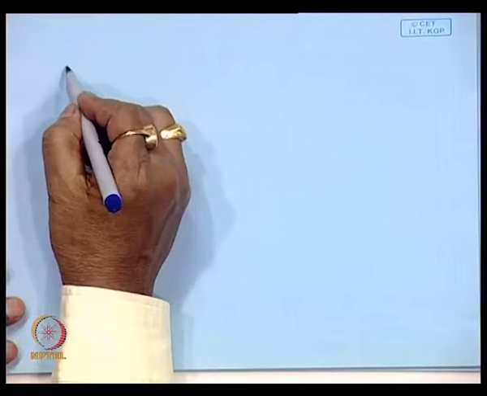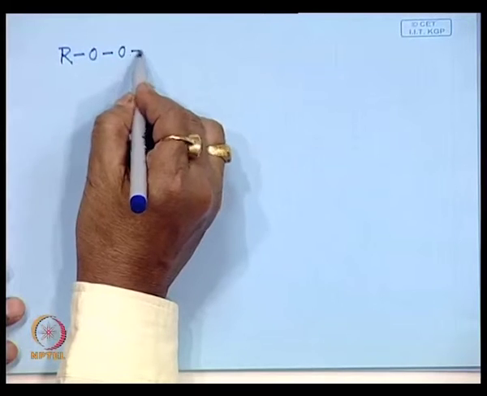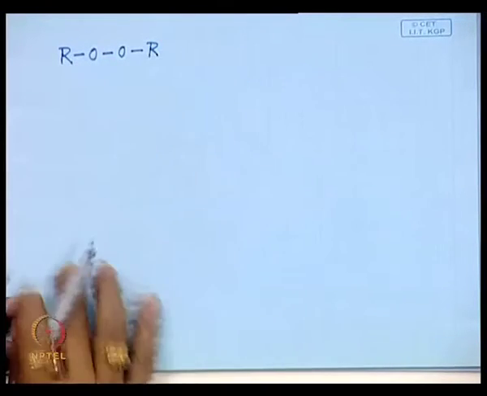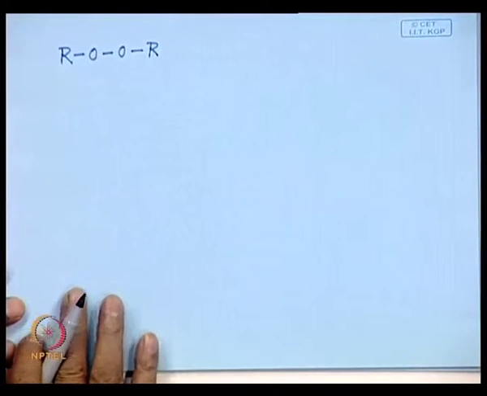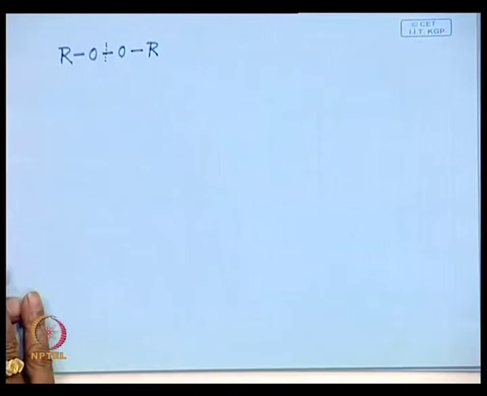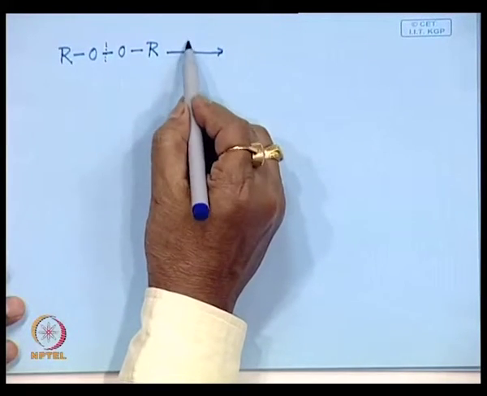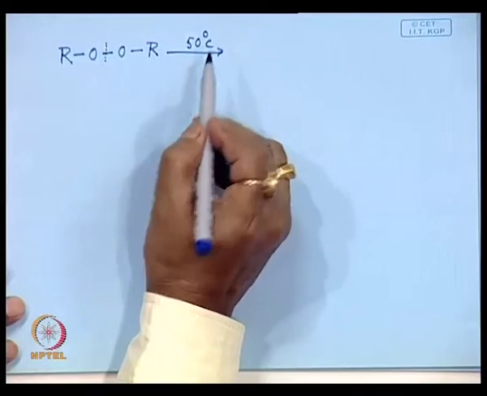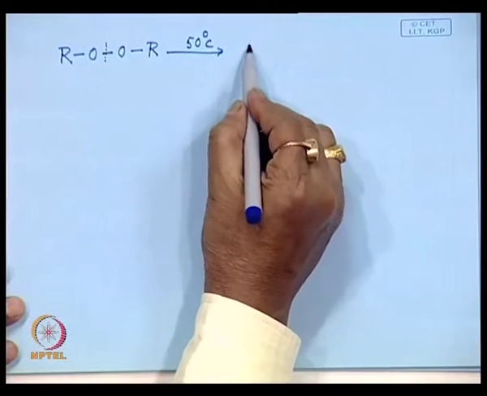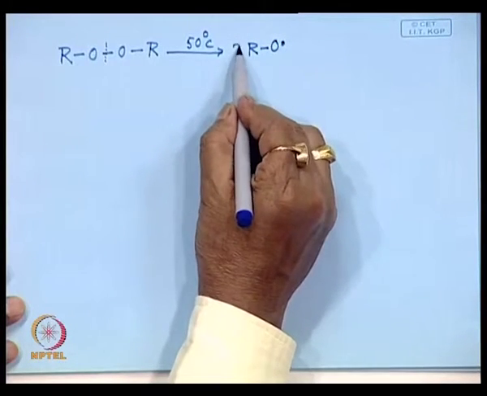Let us take a peroxide molecule. You know, these peroxide molecules are unstable molecules, because this bond is thermally less stable. So, if it is heated, say at 50 degree Celsius temperature, it will break into free radicals like this, 2 RO radicals.